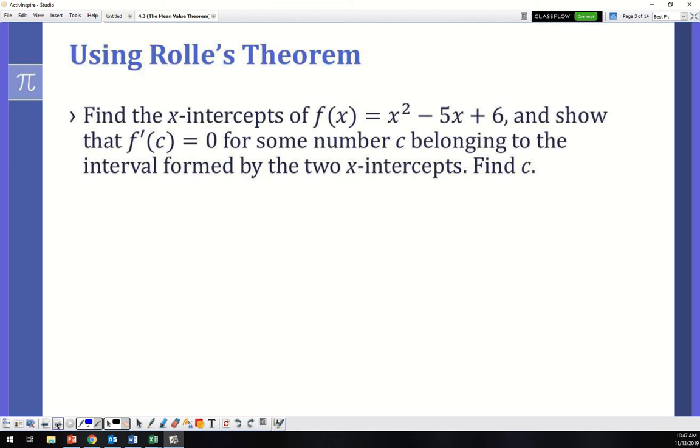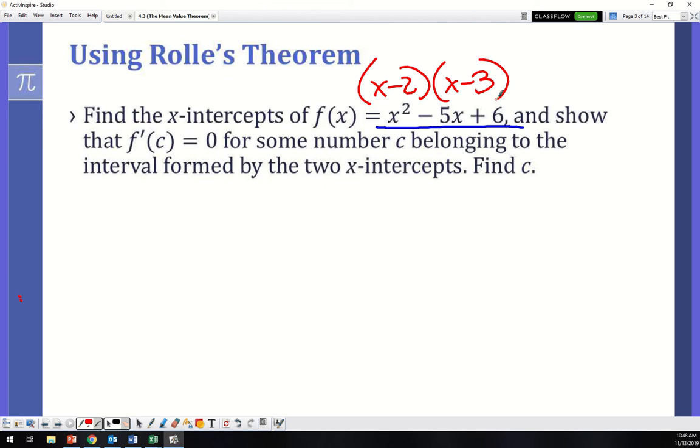Now, this should be a simple factorization. It should, being the key word, should. So that's going to factor, it's going to give me what? x minus 2 and x minus 3, right? So there's my factorization.